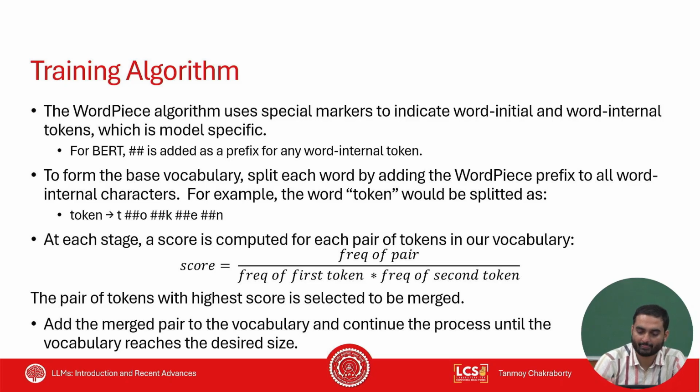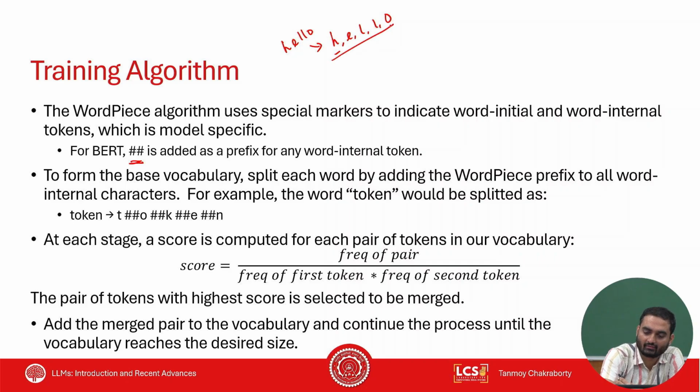So here what we do, remember in BPE what I mentioned, let's say a word hello, HELLO? It was split into H-E-L-L-O at the beginning, a character level split. But here what we do, we use a special character, double hash, to differentiate between the character which appears at the beginning of the word and the characters which appear in the intermediate part of the word.